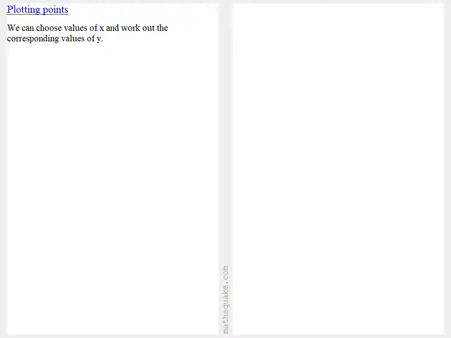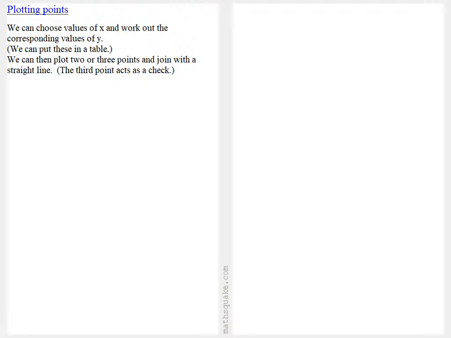Now we can choose values of x and work out the corresponding values of y. We often put these in a table, and then we can plot 2 or 3 points and join with a straight line. 2 points is all that's needed, but the third point acts as a check. If the 3 points don't lie in a line, then we've made a mistake somewhere.